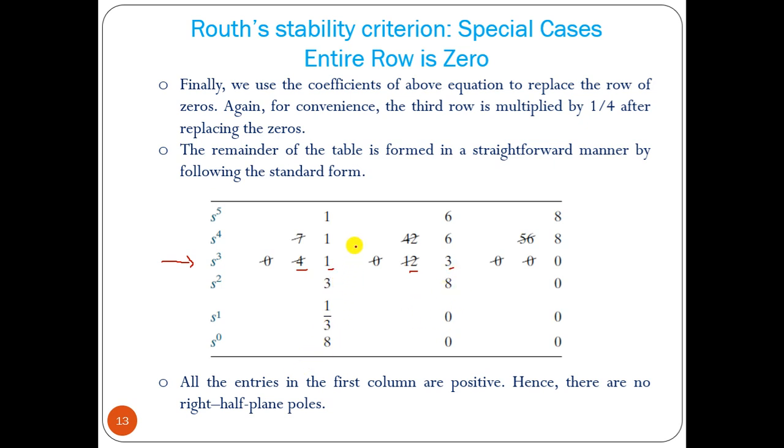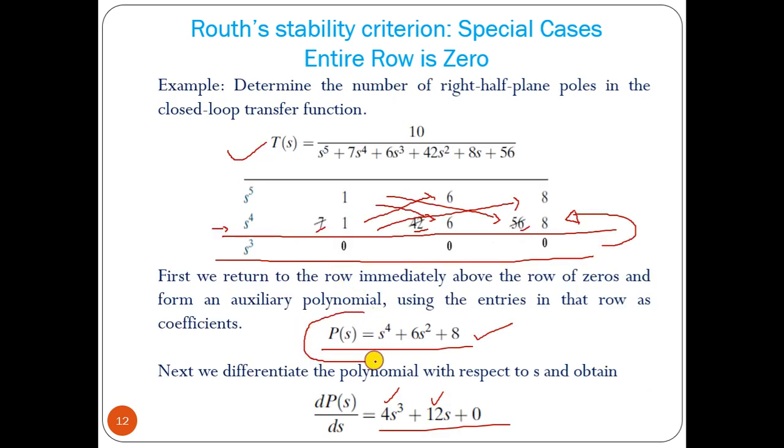Now what we can see is that in the first column there is no sign change. That means the system is stable, we can say, but we cannot say the system is stable yet, because we have to take care of this auxiliary polynomial. We have to find the roots of this auxiliary polynomial.